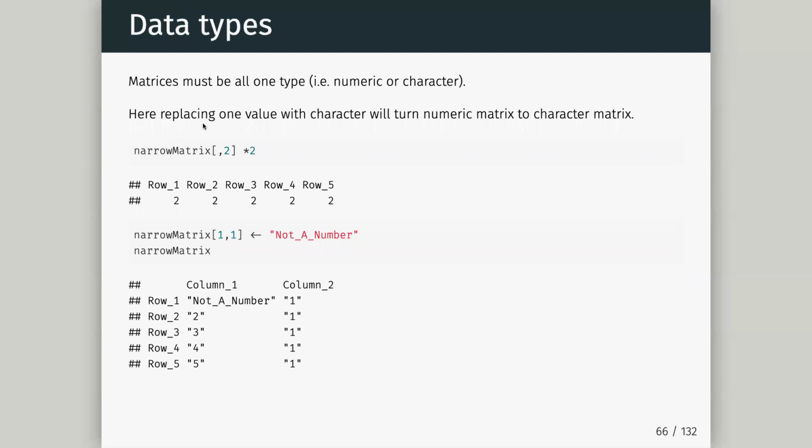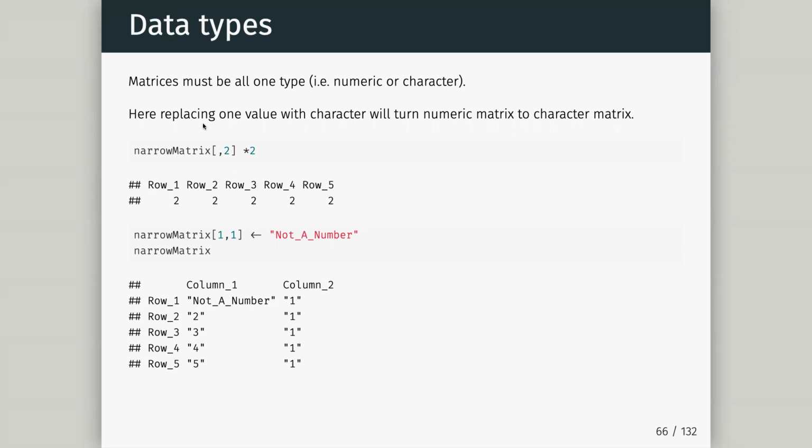So here comes the rub. Matrices can only be one data type. And that's going to sting you a little bit when you're reading in files. If anywhere in that file you have a string, it's going to turn your whole matrix into a character vector. So in this case, I do arithmetic operations on the second column.